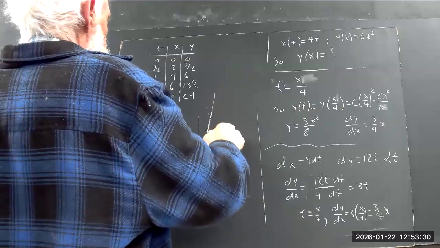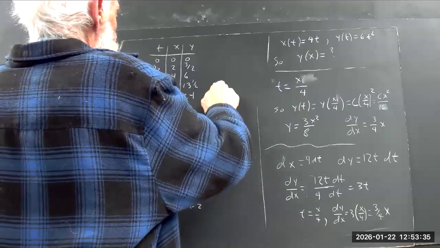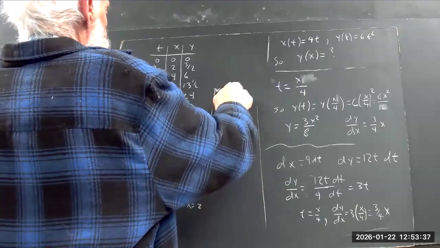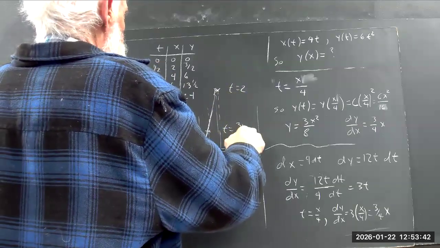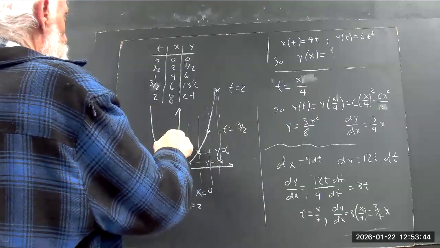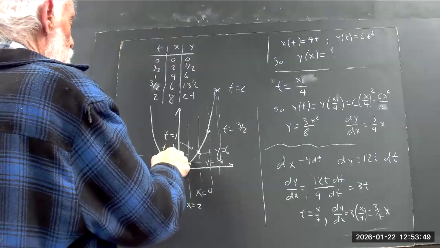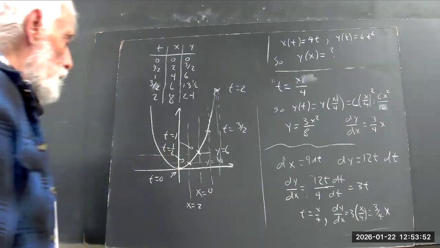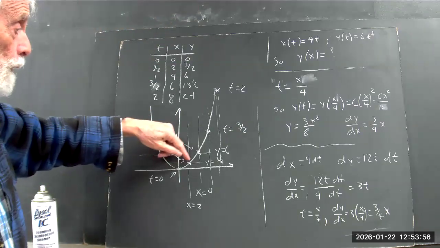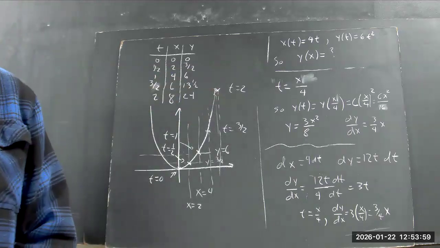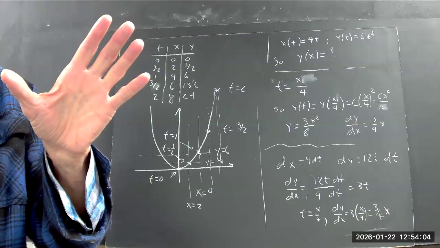And 8 up here somewhere. Here's t equals 2, t equals 3/2, t equals 1, t equals 1/2. So if t is interpreted as time, you see that we're moving along this curve, changing direction, and speeding up, right?